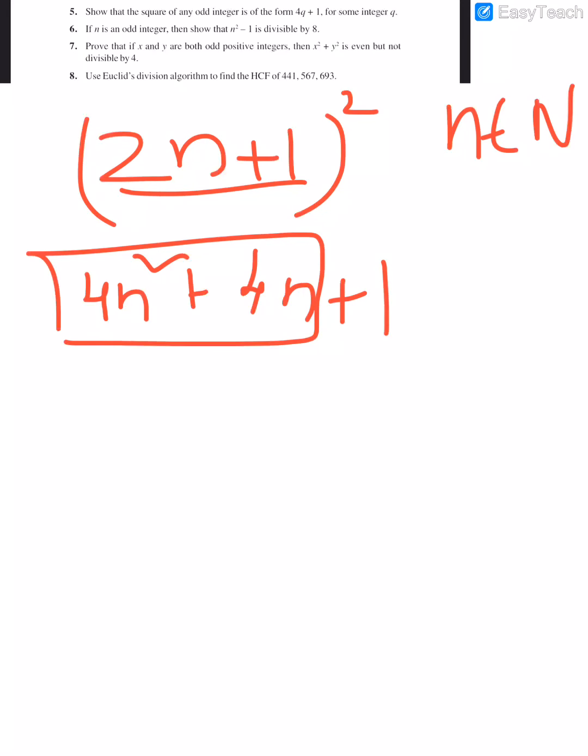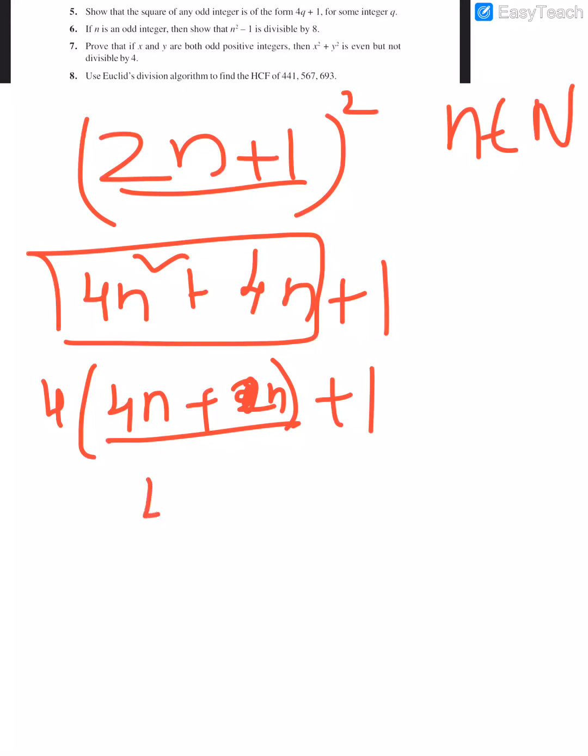If you take 4 common, what is left is 4 times n square plus n, plus 1. Let us call n square plus n as q. Then what happens, 4q plus 1. So the square of any odd integer is of the form 4q plus 1. Okay, now coming to the next question.